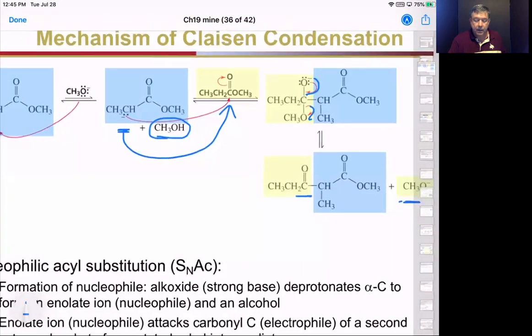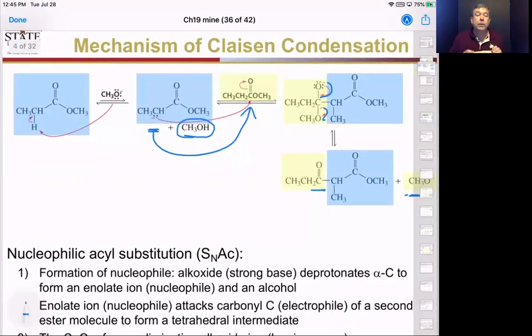We start with our neutral species, we deprotonate it, and we gain our nucleophile. Our nucleophile then reacts with the first carbonyl it can react with to give the addition. Then we go through that transition state and we regenerate our carbonyl compound.